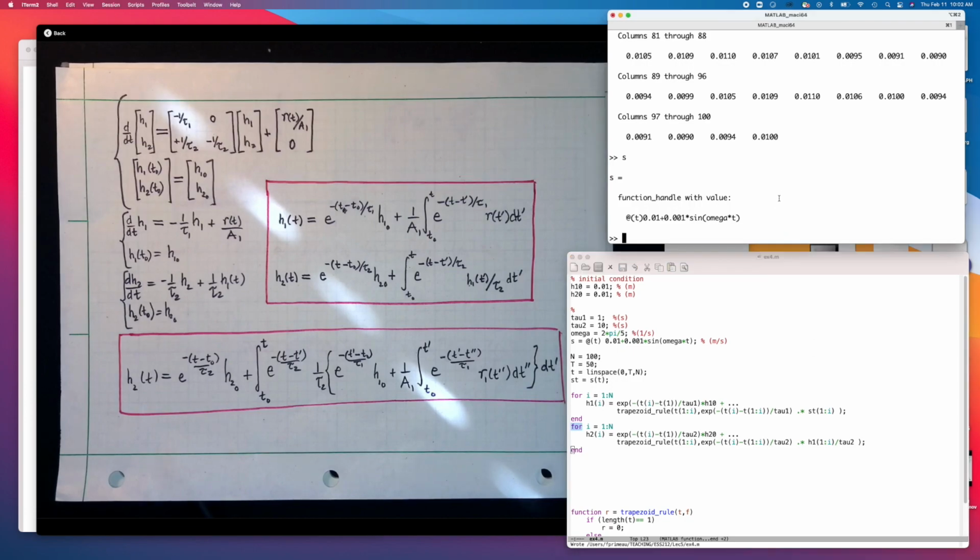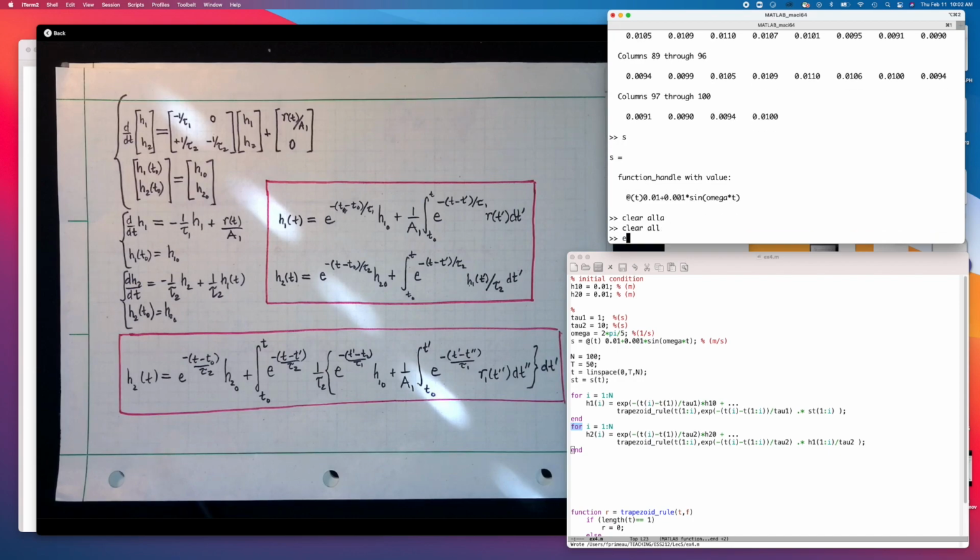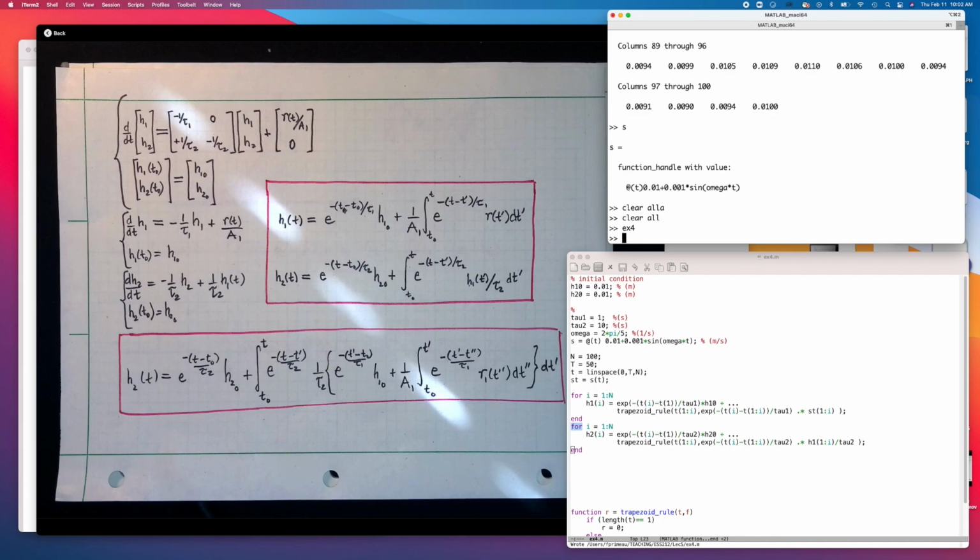All right, let's check for bugs. Clear all. Example 4. Okay, so far no bugs. No obvious bugs. And now let's make the plots. For this one I'll pick blue for the upper tank. Hold on.